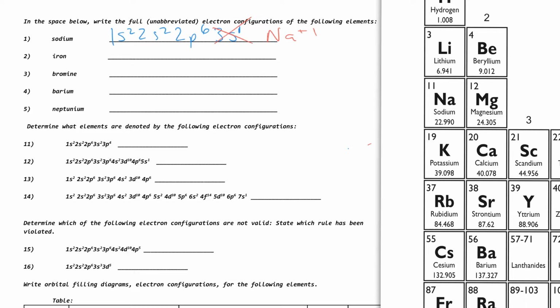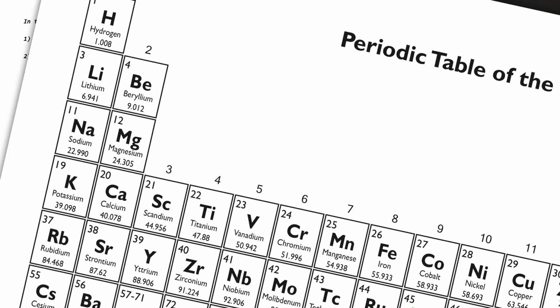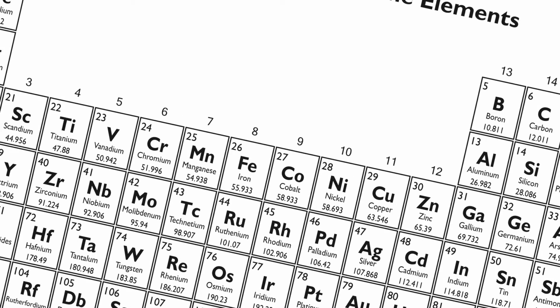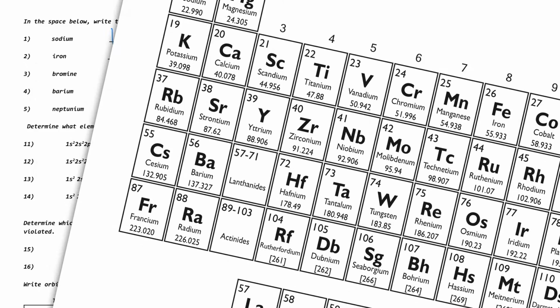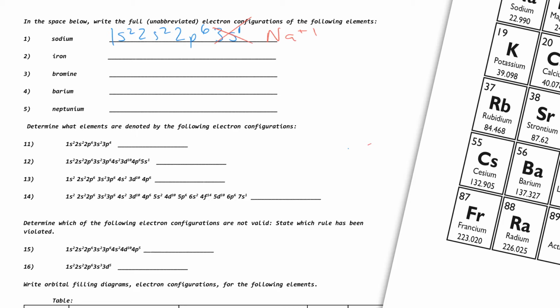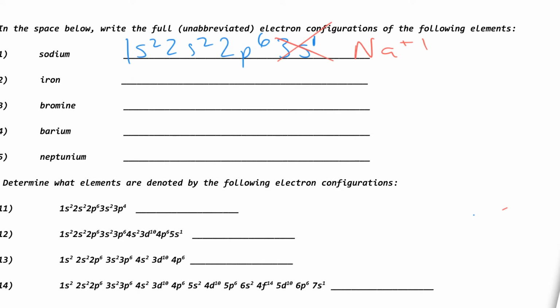Iron, let's find iron on our handy dandy periodic table. Iron is Fe, it has 26 electrons. So we're going to write that in there. We're going to go ahead and say there's 1s2, 2s2, 2p6, 3s2, 3p6, 4s2, 3d.